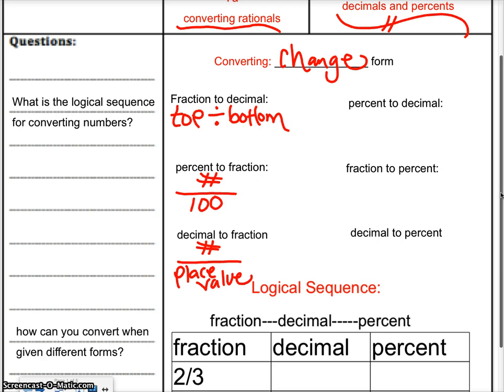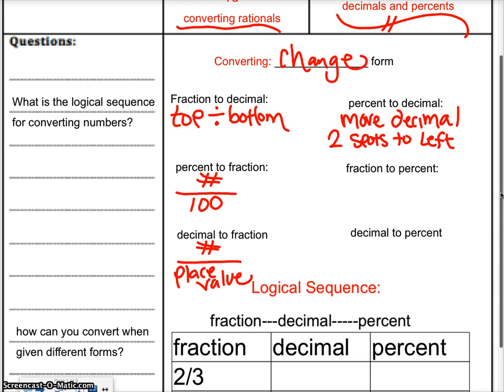Okay? To convert from a percent to a decimal, you move the decimal 2 spots to the left.